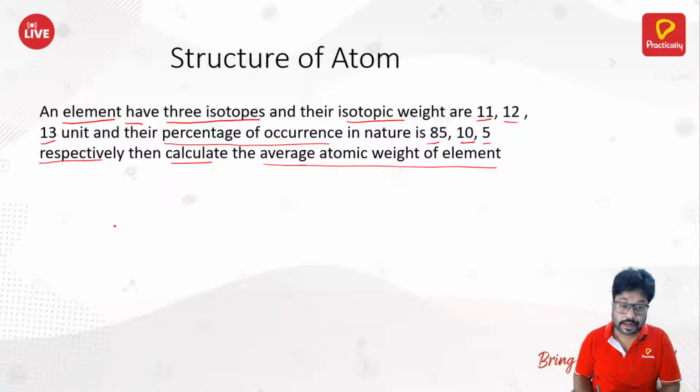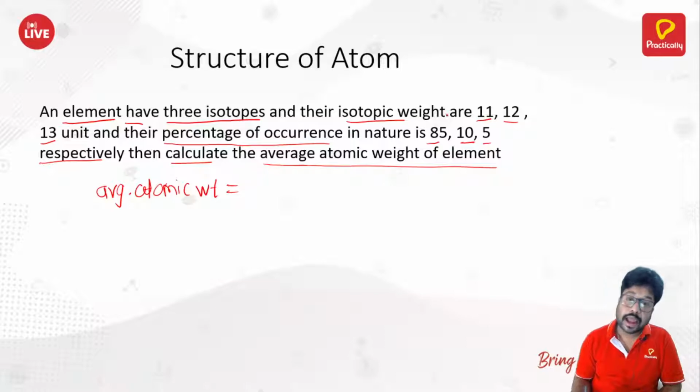So how can we calculate? As per our formula, what was our formula? Average atomic weight is equal to isotopic weight and its percentage.